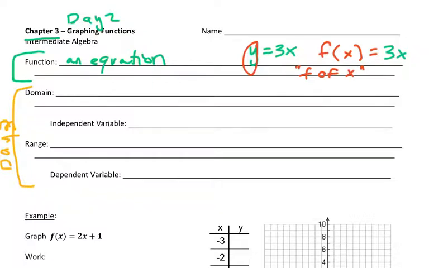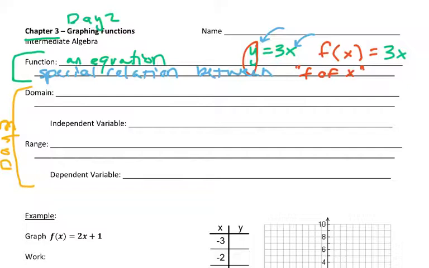Alright, and so the idea is that when you use this special notation, when you change y into f, you're actually saying that there's a special type of relationship here, where each domain value or x value has exactly one range value. So we'll talk about that a little bit later in our Day 3 notes. But the idea here is that there is a special relation between these inputs, or whatever you might put in for x, and then what you might get out for y.